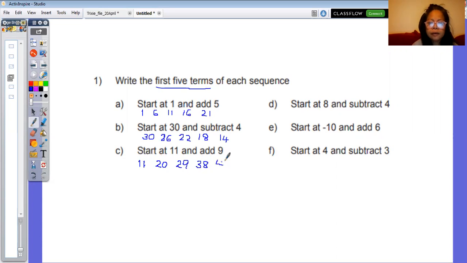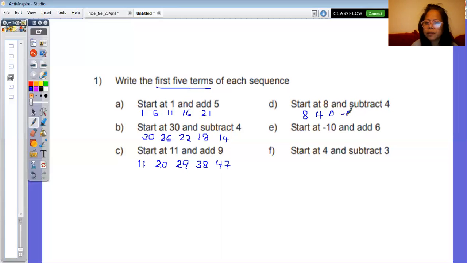Okay. So next one, starting from 8. We need to be careful here because this will involve negative numbers. Starting with 8, take away 4, that means you're going down the number line. So 8 take away 4 is 4. 4 take away 4 is 0. 0 take away 4 is minus 4.